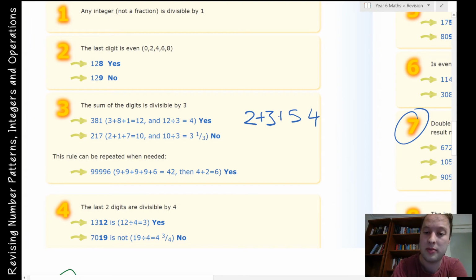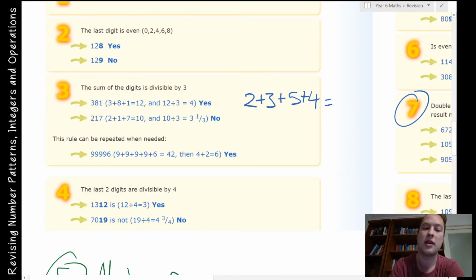So just go plus, plus, plus. 2 plus 3 is 5, plus 5 is 10. 10 plus 4 is 14. And I say, well, is 14 divisible by 3? Does it work? And I'm like, no, it doesn't. So no, it's not divisible. If the answer was 12, let's pretend, then yes, it works, because 12 divided by 3 is 4. So that's how that works.